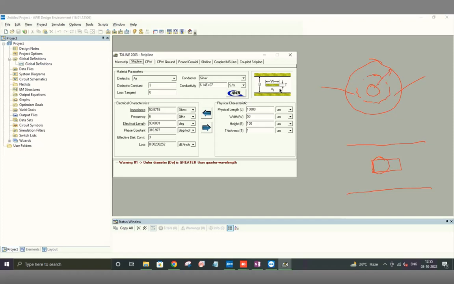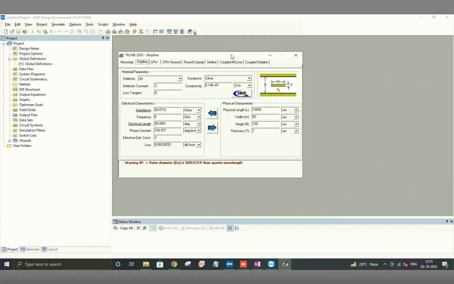So the strip line very closely reproduces that kind of an effect. So it also supports a TEM transmission line, TEM mode.